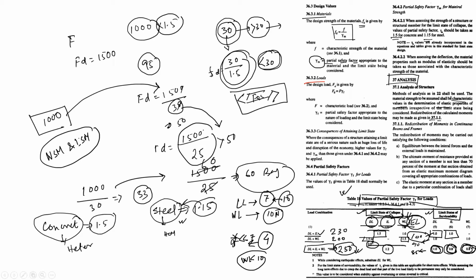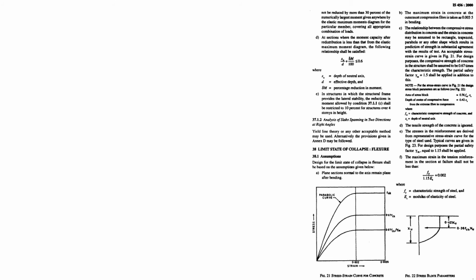What is the redistribution of the calculated moment? Redistribution means, say, this is your joint, a beam column joint, and here the load is acting. If load is acting here, then what happens?